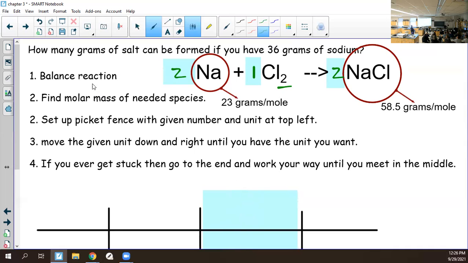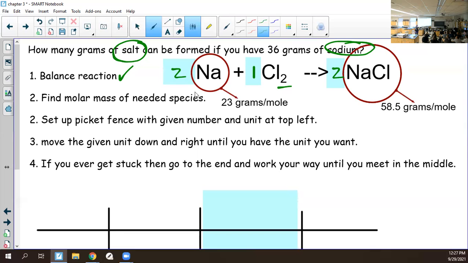Here we go. So balance the reaction, number 1, check, we did that. Find molar masses of the needed species. So in this problem, it asks for salt, which on the AP test, it won't say salt. That's pretty vague. It would say sodium chloride. But we need the 2 species of salt and sodium. So once again, we're assuming we have as much chlorine as we need, and it has nothing to do with the problem.